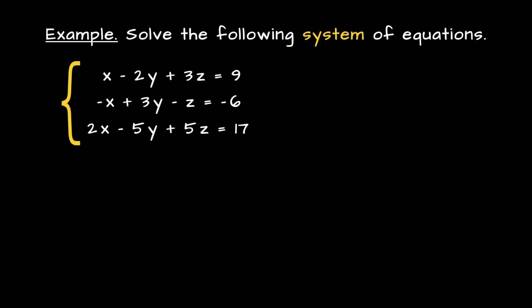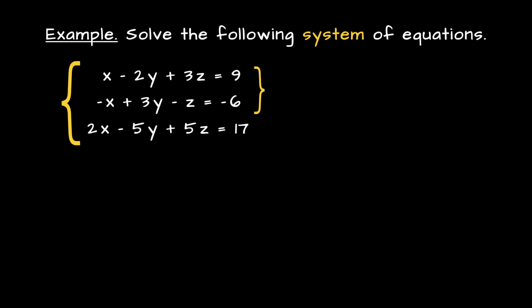Here's the idea. We're going to begin by considering only the first two equations in our system, and then we'll make the following observation. If we add these equations together by adding the left-hand sides and the right-hand sides together, then we end up with a new equation that is true as long as these two equations in our system are true. And moreover, that new equation will not contain the variable x.